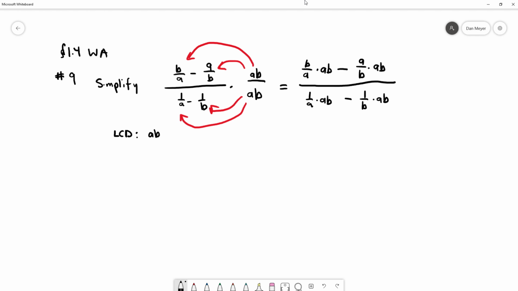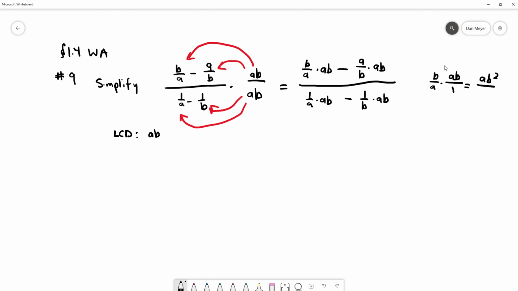Now, just looking at this first term in the numerator real quick, and I'll do the other ones. We're going to do this one slowly and then do the other ones more quickly. If I look at b over a times ab, that's the same as multiplying it by ab over 1. And when you multiply fractions, this ends up being ab squared on top.